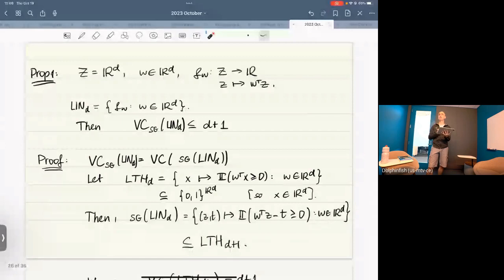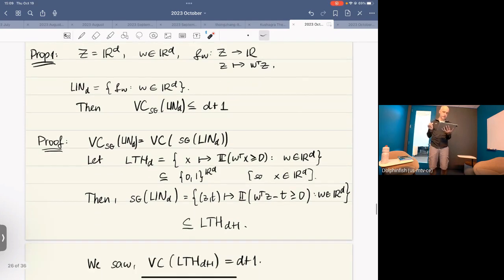Just like there is one special weight vector whose weight component is restricted to take on the value of -1, cannot take on any other value. So it's a subclass of the linear thresholds of dimension d plus 1. We added this extra dimension. The t is like the extra dimension, right? So z was d-dimensional. z and t together are d plus 1 dimensional. Okay?